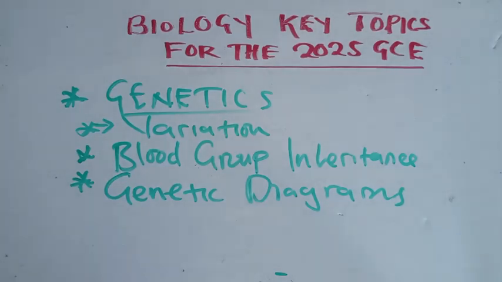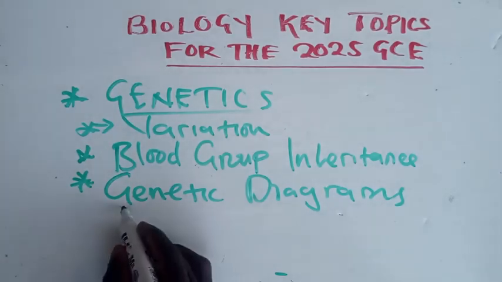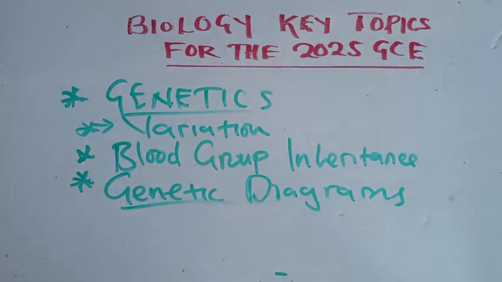If you go on question 5 of any biology question paper, you are going to find that always they ask to write a genetic diagram, and that question mostly carries 5 marks or 4 marks. So if you don't know how to write genetic diagrams, it means you are not going to get those marks. So make sure you do well by revising these subtopics under genetics.